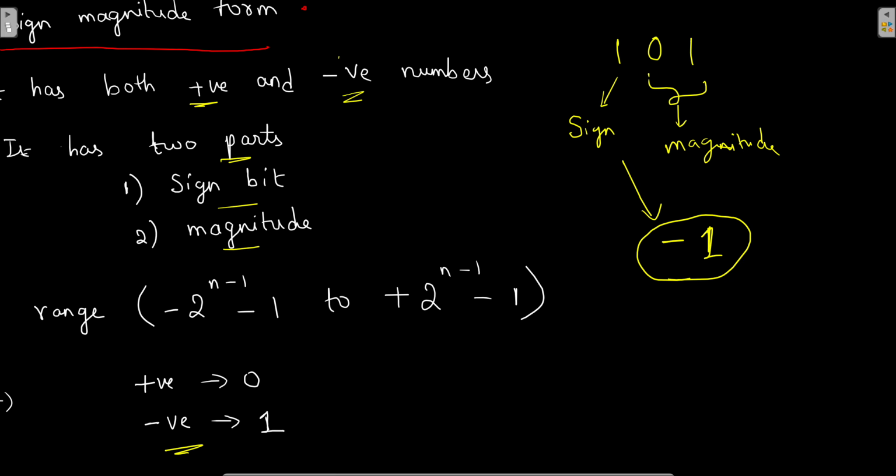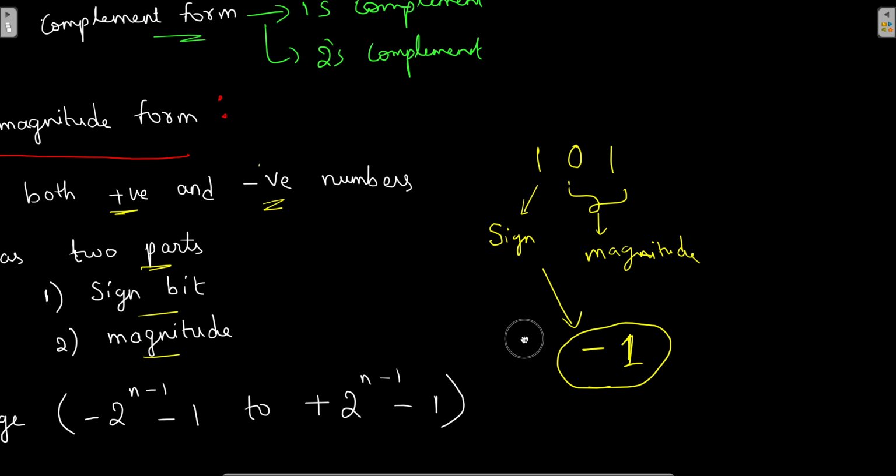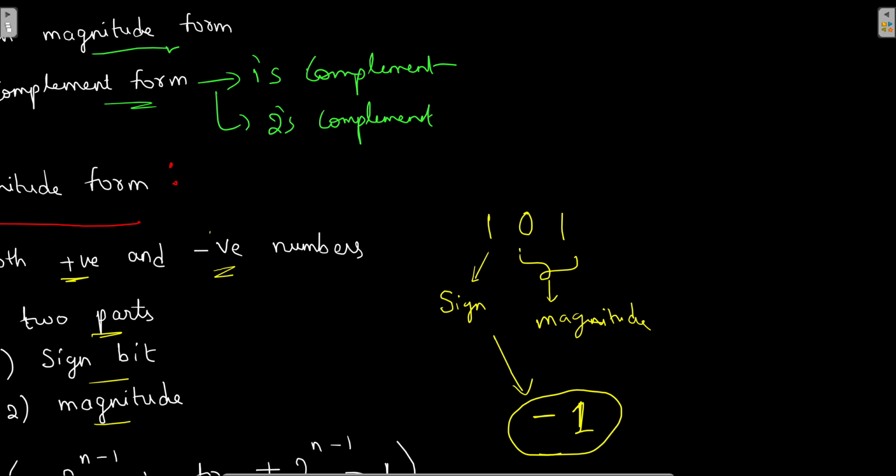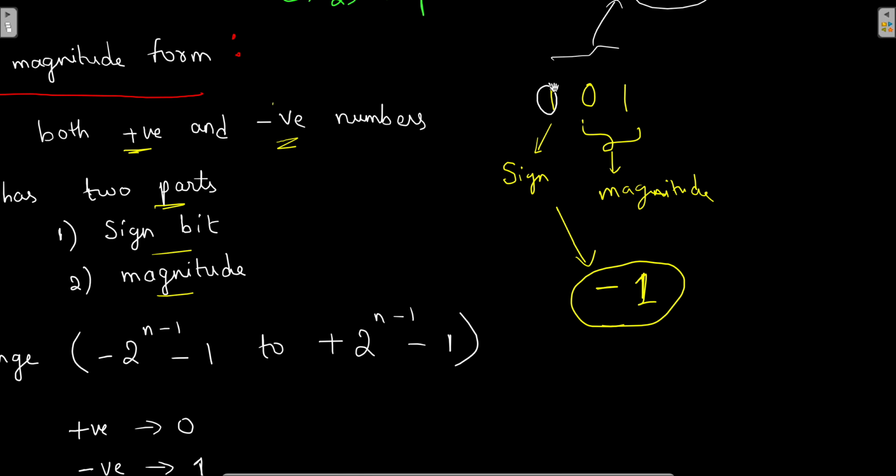This is how we represent sign: for plus I take 0, for minus I take 1.